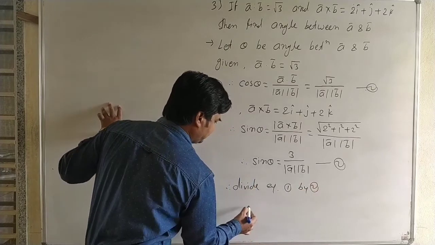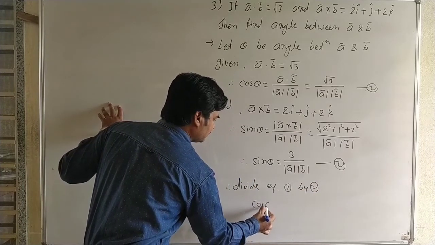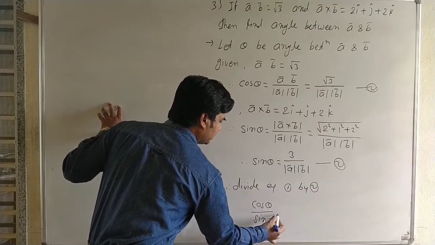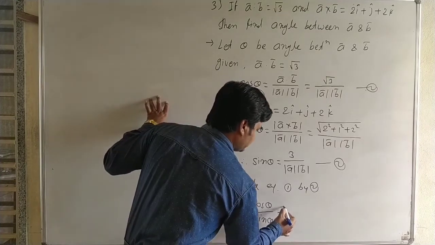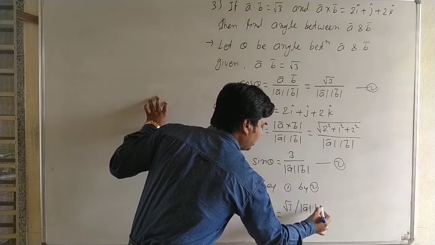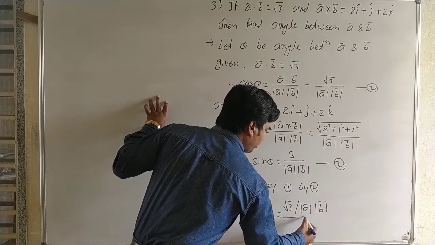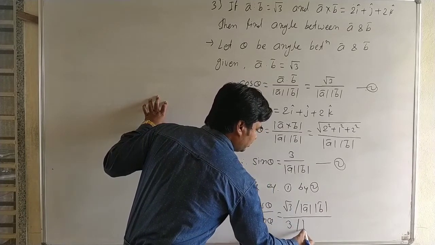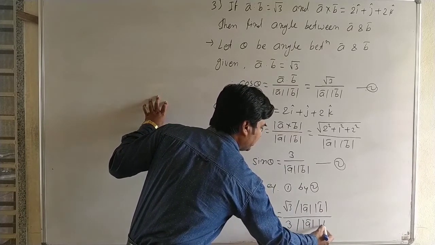We get cos theta upon sin theta is equal to under root 3 upon magnitude of a bar into magnitude of b bar, upon 3 into magnitude of a bar into magnitude of b bar.